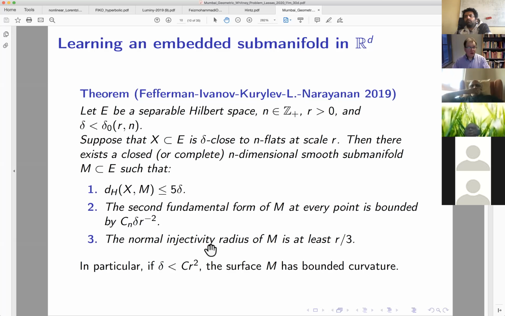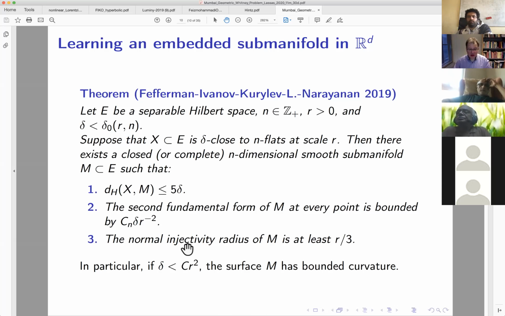The rigorous definition is that if we have a point that is closer to M than this normal injectivity radius, then it has a unique closest point to the surface. So basically, this means that there is a tubular neighborhood of radius r/3 that we can draw around the surface, and in this tubular neighborhood we have nice coordinates. Thank you very much.